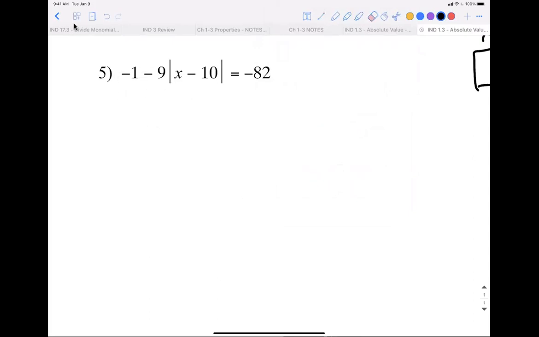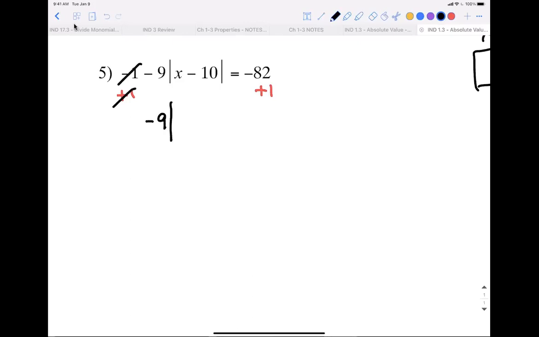So the first thing we're going to do here to start getting our absolute value by itself is we're going to add a 1 to both sides of the equation. And in doing that, that snaps this -1 off the end here. And it leaves us with -9.